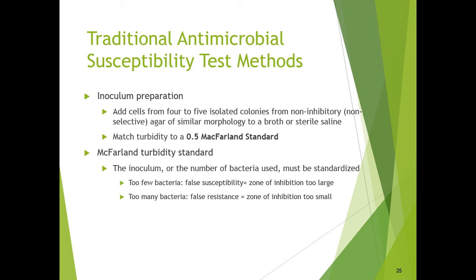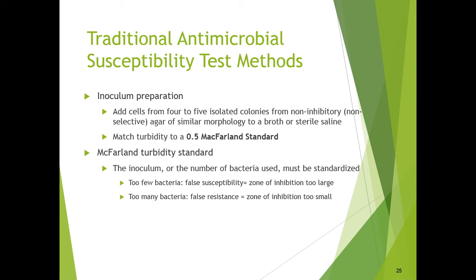The amount of inoculum, or the amount of bacteria that we use to prepare this test, has to be standardized. If we use too little bacteria, we can see false susceptibilities, where the zone of inhibition will be too large and we'll report drugs as being susceptible when they may in fact not be susceptible.